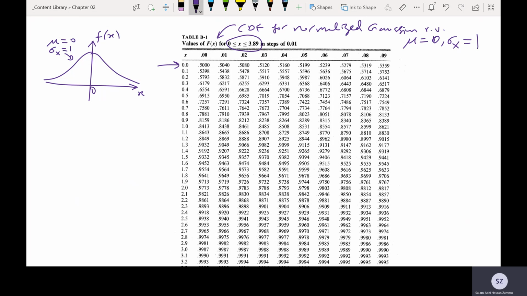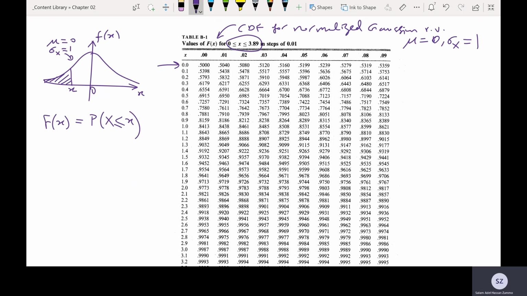What does F of x give me? It's the probability that x is less than or equal to x, right? If this is x, then this is what it tells me: the area under the curve.